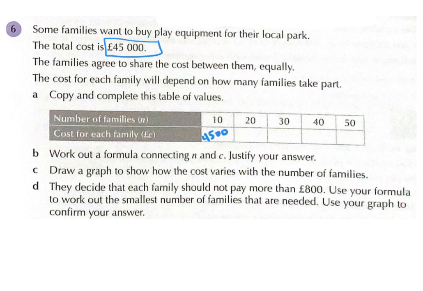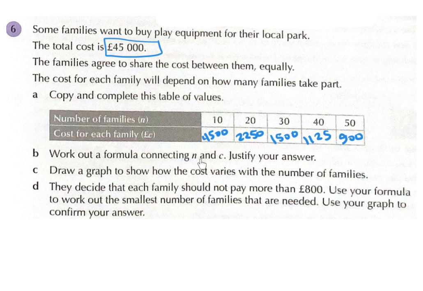The answer is 2,250. If 30, 1,500. For 40 families? For 50, 900.